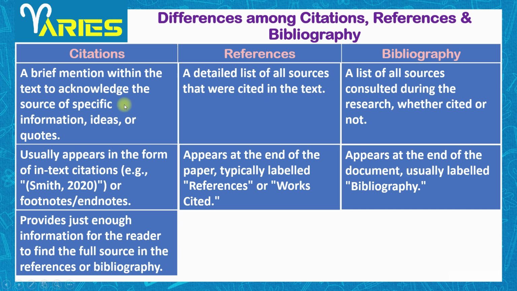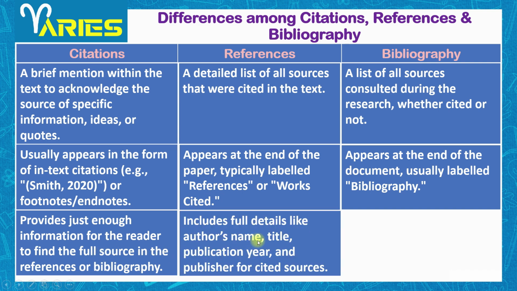Now if we talk about citation, a citation provides just enough information for the reader to find the full source in the reference or bibliography. So a citation is the hint that gives you information about the source, that this particular idea is taken from this source. But a reference includes the full detail of the author, the title, the publication year, and the publisher for the cited source.